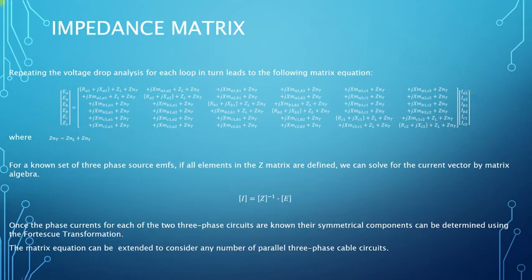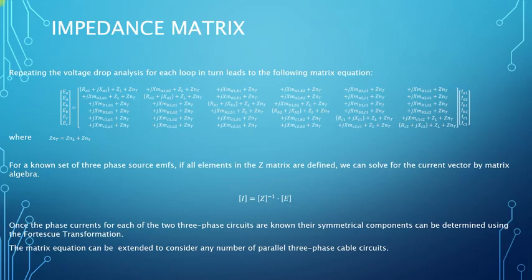So if we can formulate this matrix equation, then for a known set of source EMFs, the currents in each of the 6 conductors can be calculated.